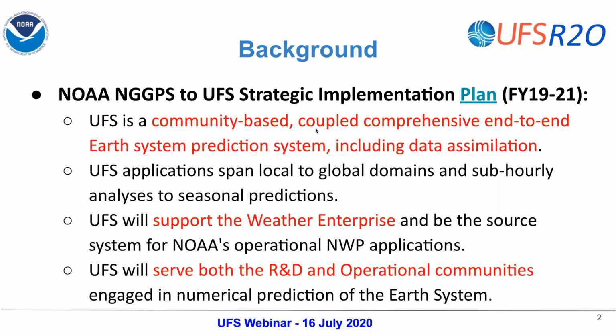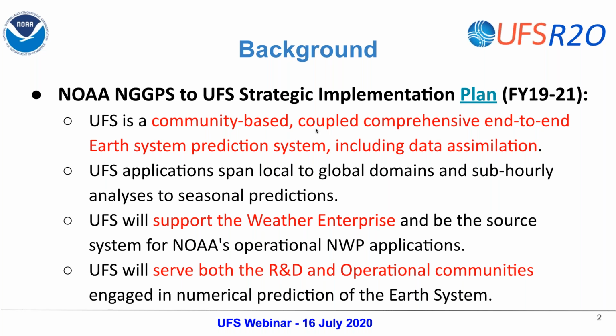Importantly, it's not just a model, it's a prediction system, so it also includes data assimilation as well as diagnostics and evaluation, verification, validation. The applications span from local to global, and run from sub-hourly to seasonal predictions. And seasonal for these purposes means all the way out to 2 years lead time.